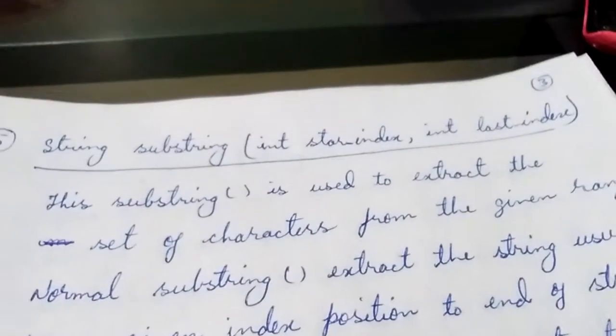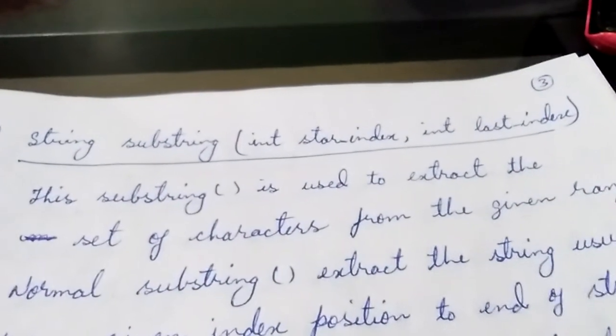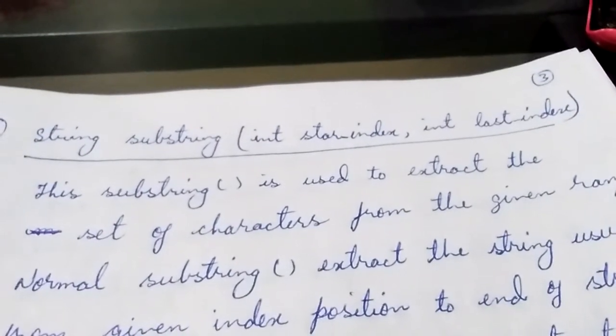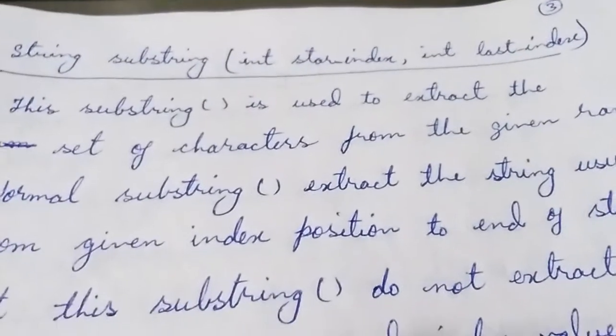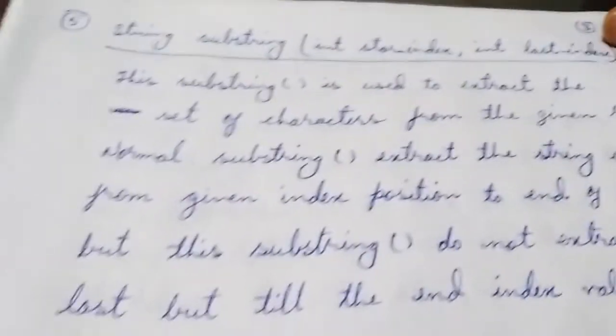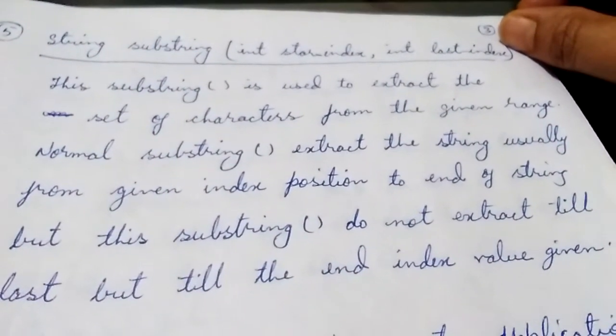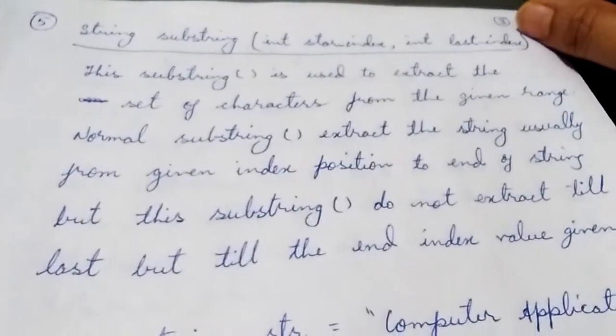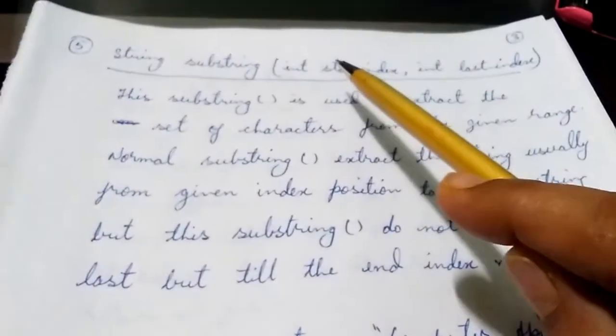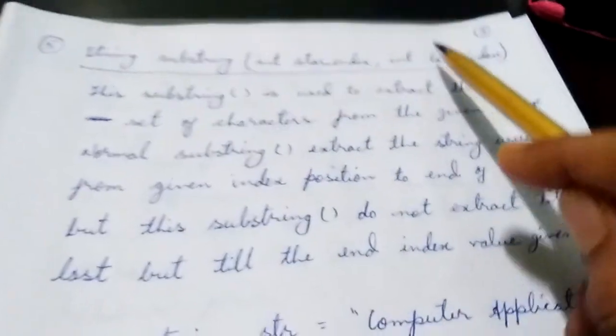Substring has also another type, which is substring(int startIndex, int lastIndex). This function is used to extract a set of characters from the given range. Given range means from start to end.